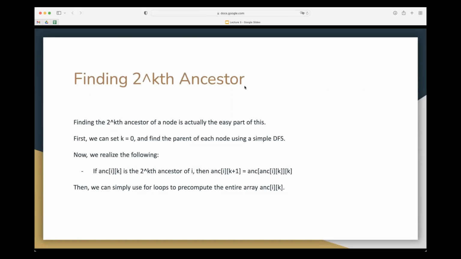So it's actually a pretty neat trick to be able to pre-compute all of the 2 to the kth ancestors. We can just simply use a loop with this formula, and we'd be able to pre-compute the entire anc array in O(n log n). This is a pretty nice trick to pre-compute the 2 to the kth ancestor of every node.